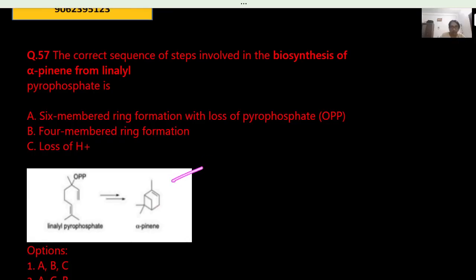In this reaction, biosynthesis is going on and alpha pinene is formed.